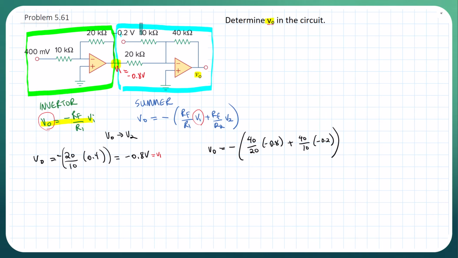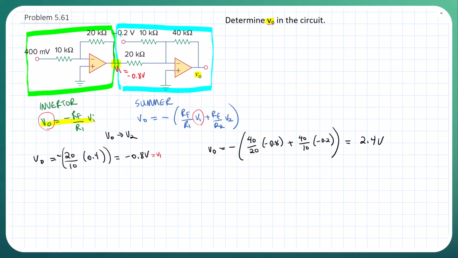Okay, so if we do that and solve this equation, we get about 2.4 volts, and that's our final output.